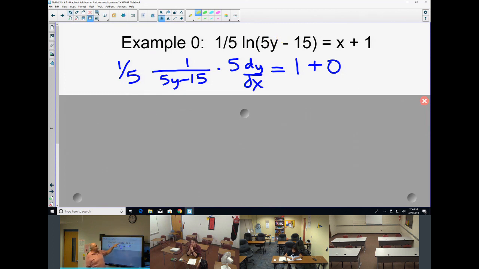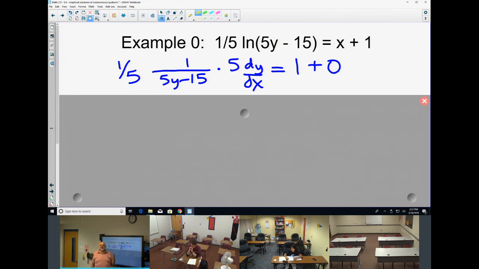So the derivative of the natural log of 5y minus 15 is 1 over 5y minus 15 times the derivative of 5y minus 15, which is 5 dy/dx. Because the derivative of 5y is just 5, but you have to multiply by the dy/dx whenever you're taking the derivative of y. Okay, then the derivative of negative 15 is 0, the derivative of x is 1, the derivative of 1 is 0.